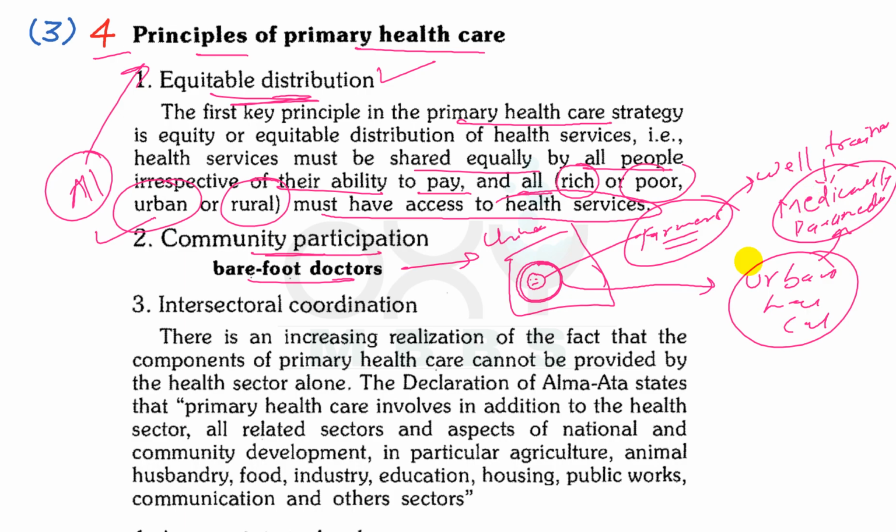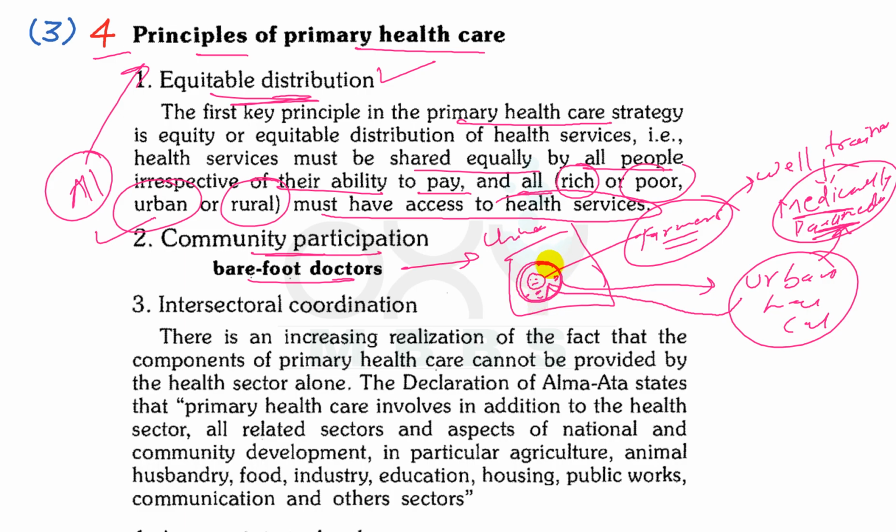Now after getting proper training medically as well as paramedically, these farmers from the urban health centers again go back into the village society, and they help the village community.